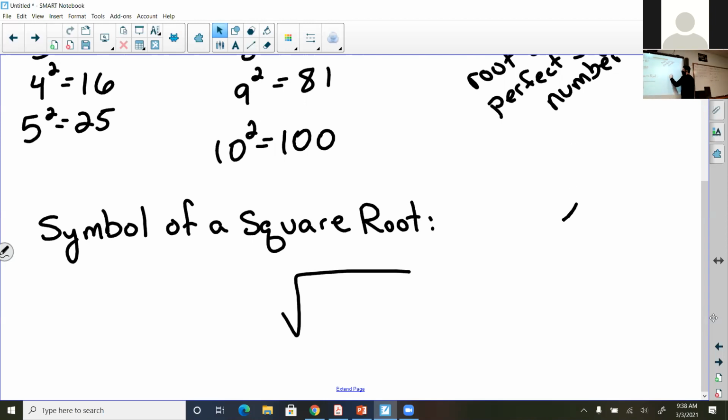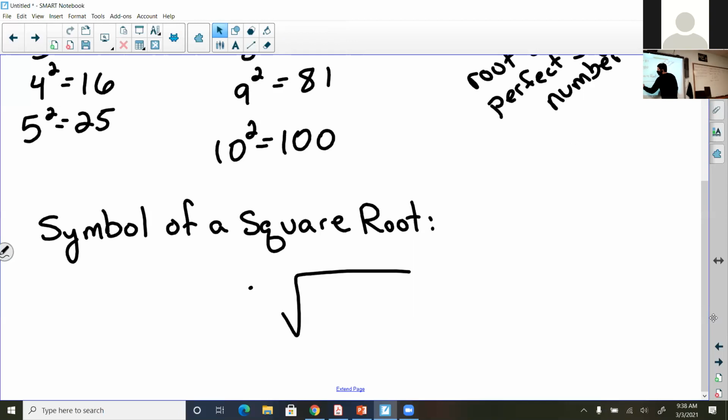The division symbol that you're used to looks something like that, and you would say 56 divided by 8. Well, this symbol has a sharp check mark and then a line on top, and that is our square root symbol. Now, what you can't see, and they don't do this, they leave it exactly like that. That is assumed to be the square root.